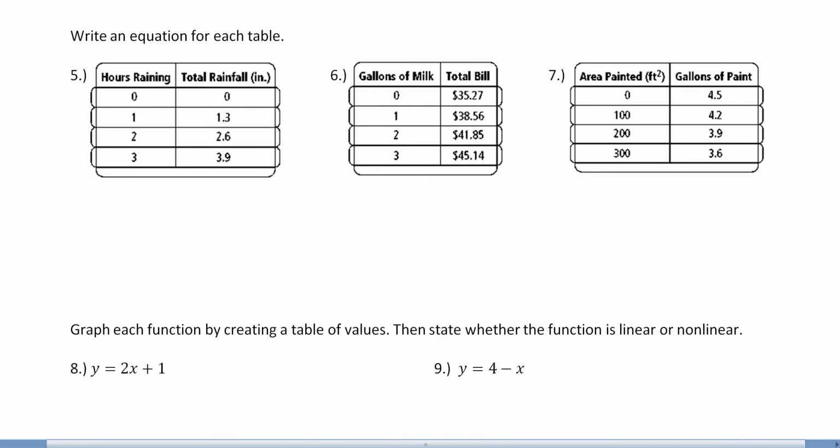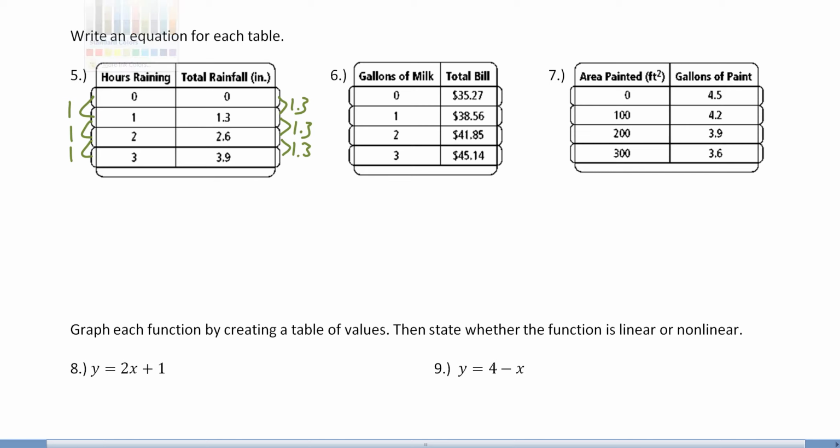For these guys, it says write an equation for each table. And so as I look at this thing, again, I'm looking for consistencies in terms of the increases. So like here, it's going up by 1s each time. So the x's are increasing consistently. Here it's going up by 1.3 each time, looks like. And so those are increasing consistently. And so when you compare the x and the y, if they're increasing consistently, it means that this thing is a linear function.